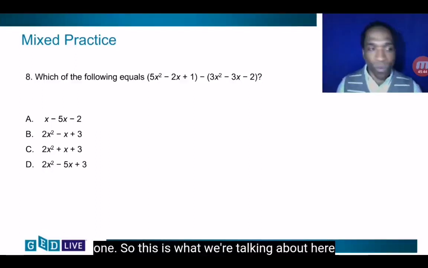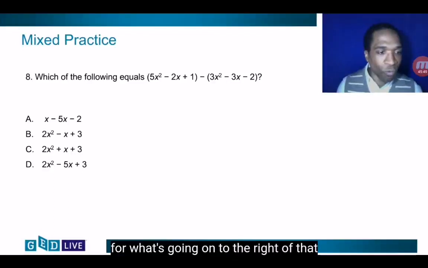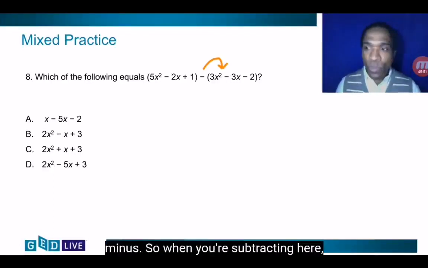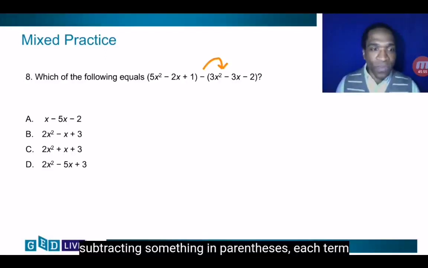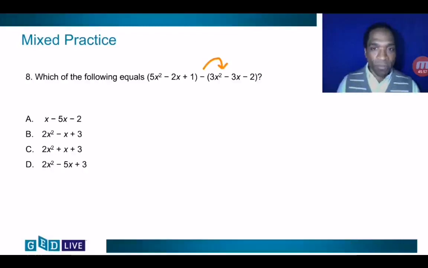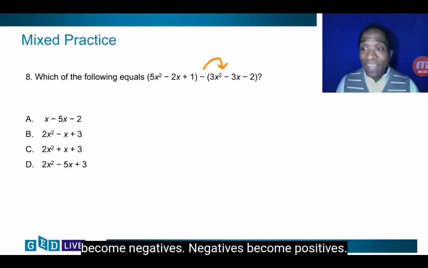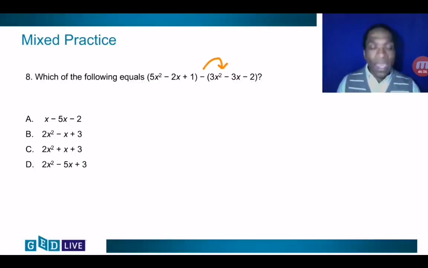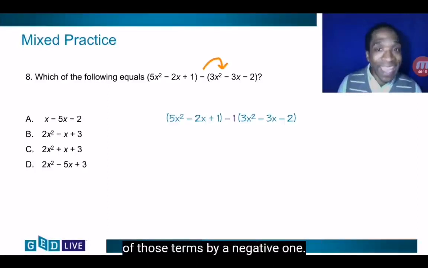So this is what we're talking about here for what's going on to the right of that minus. When you're subtracting something in parentheses, each term gets its opposite charge. That's what that means. So positives become negatives, negatives become positives. And that's the same as multiplying each of those terms by a -1.